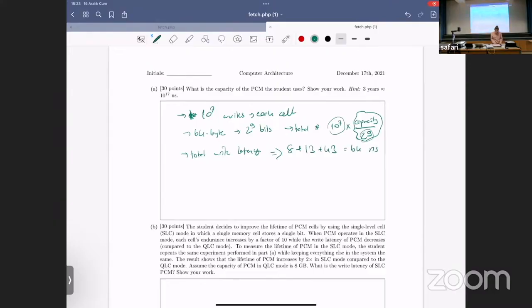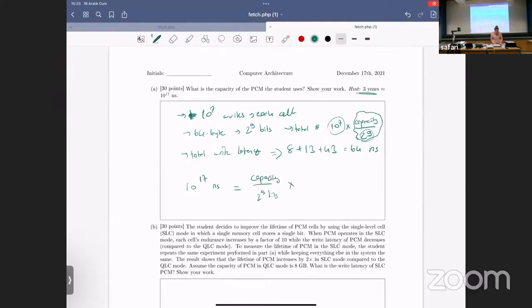So we know that the total duration is 10 to the 17 nanoseconds, which should be equal to the number of memory positions that you should send writes to, which is capacity over 2 to the 9 bits. Sorry for my terrible writing.